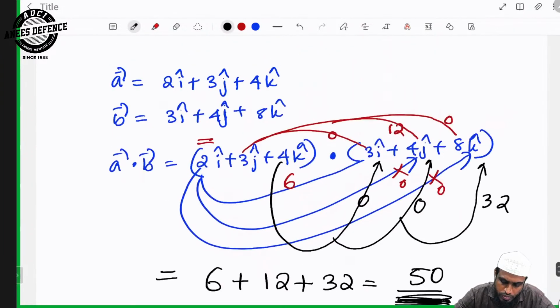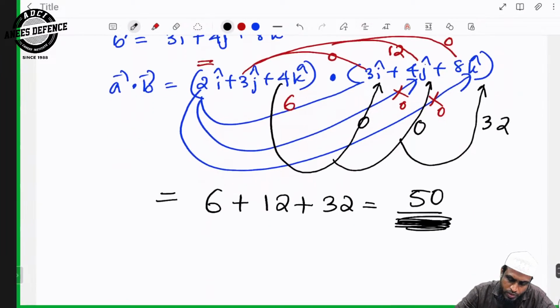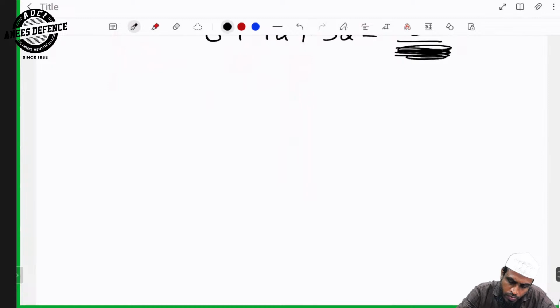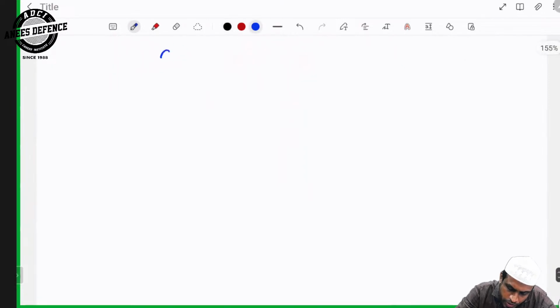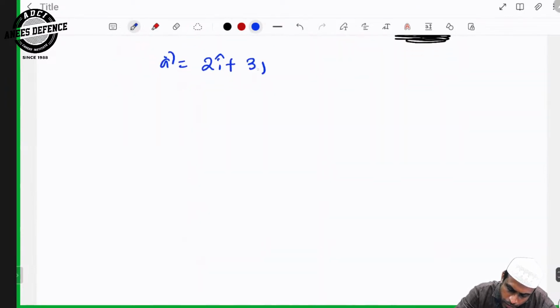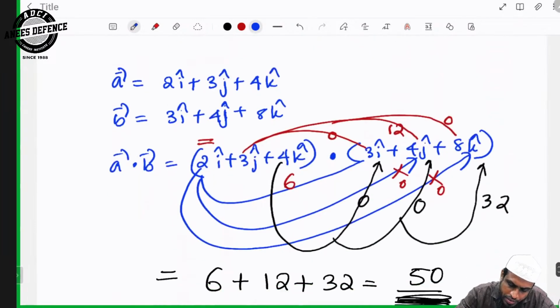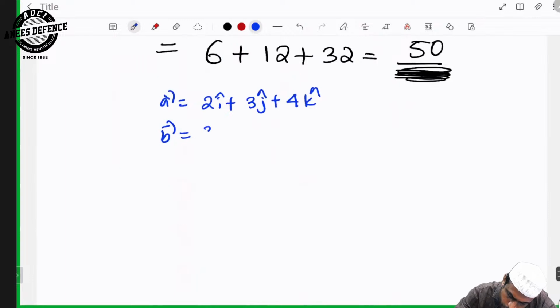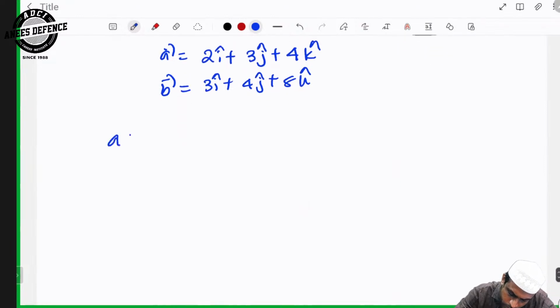Now with the same thing, 2i plus 3j plus 4k, we can do the vector product. What is A? 2i plus 3j plus 4k, and vector B is equal to 3i plus 4j plus 8k. So what is A cross B?